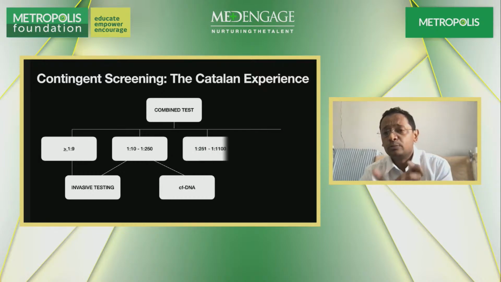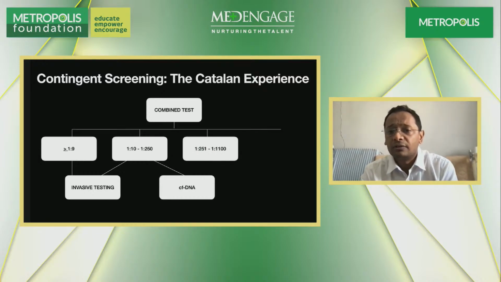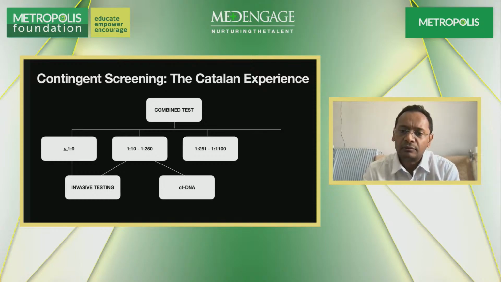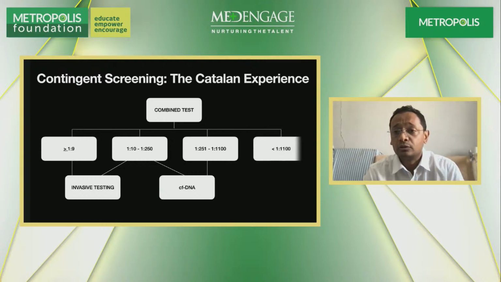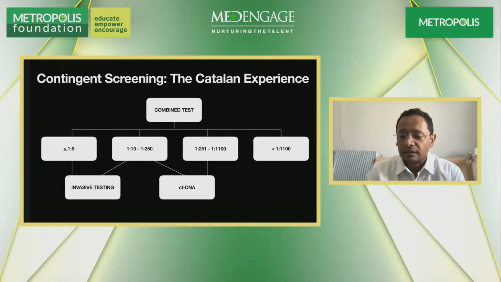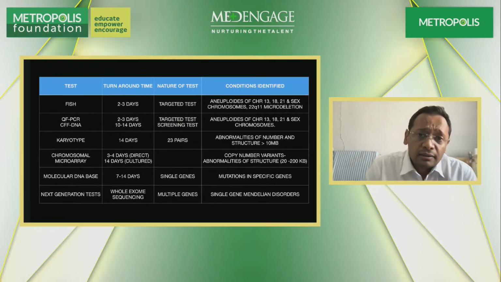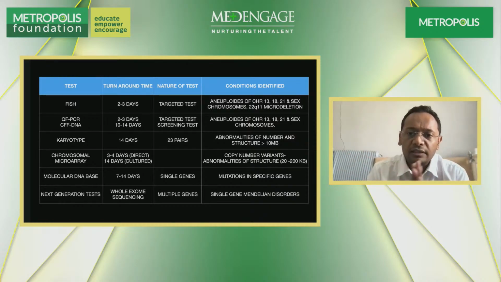If the risk ratio is between 1:251 and 1:1100, which is an intermediate risk, we should only offer NIPT. And if it is more than 1:1100, which is no risk at all, we don't do anything, but we get a detailed ultrasonography done.